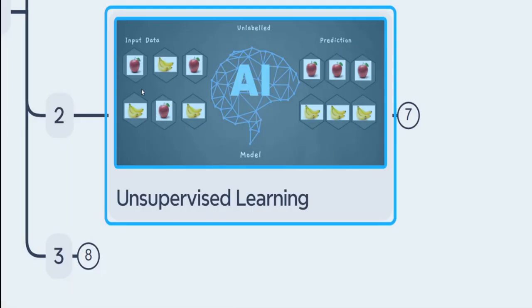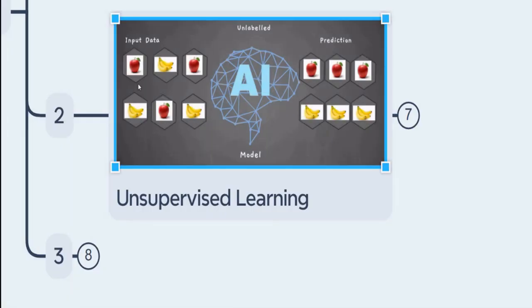Initially, it will take one data and try to understand the pattern of that particular data. Then it will take another data and compare it with the previous data. If any match is there in those data, it will group them as a cluster. The process of grouping, we call it a cluster.